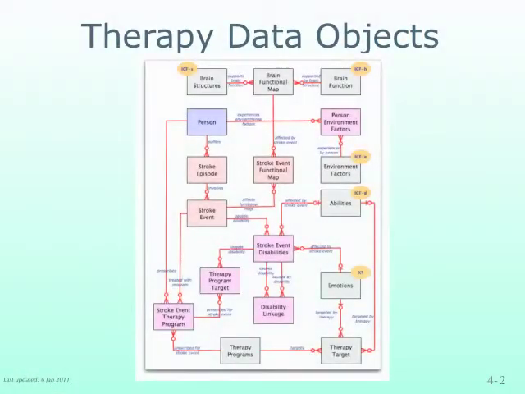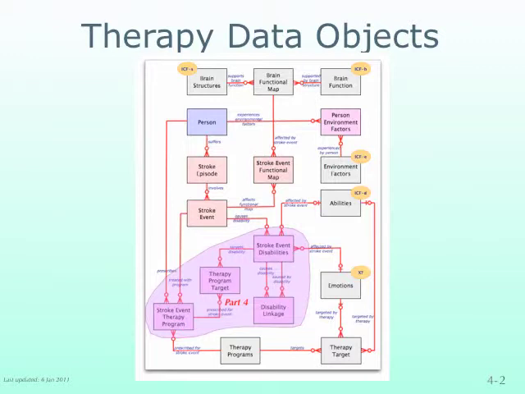The logical data structures that support the planning and delivery of therapy programs in both the subacute and community settings are shaded in mauve in this diagram. These data objects will be described in the next few slides.